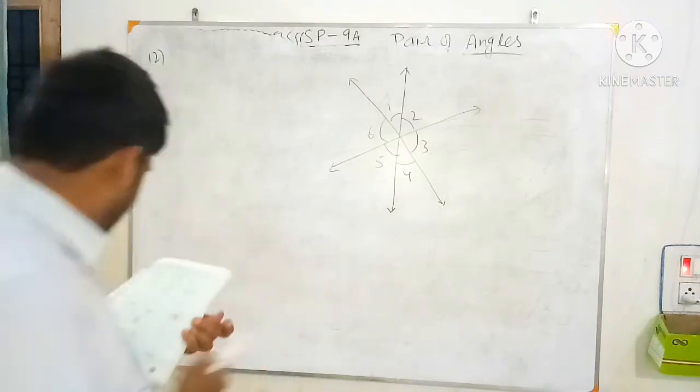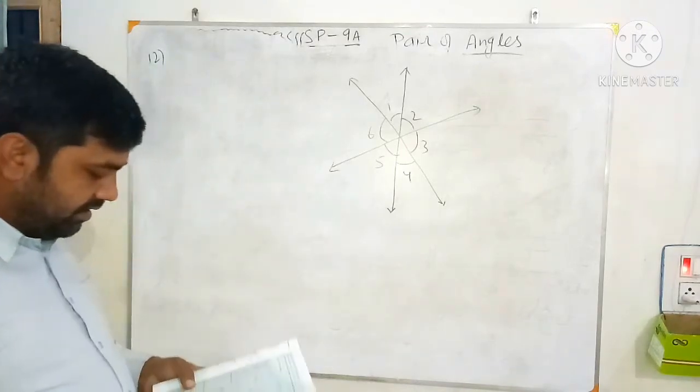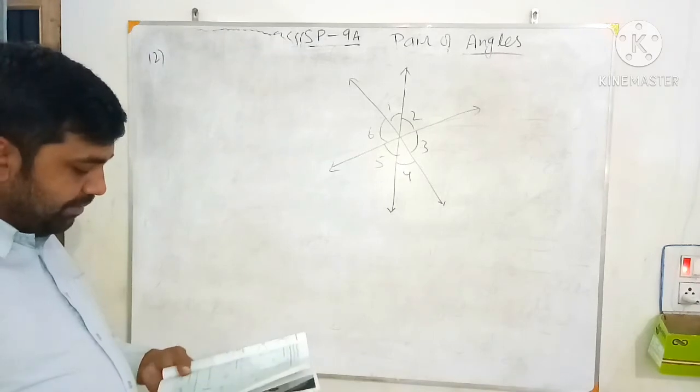And we have to find the pair of vertical angles. Name the pair of vertical angles.